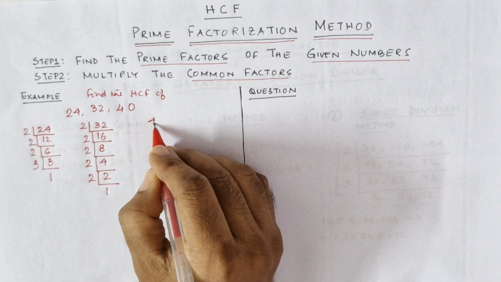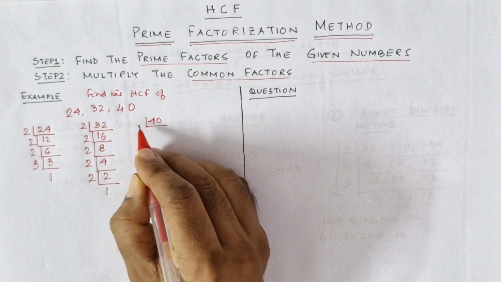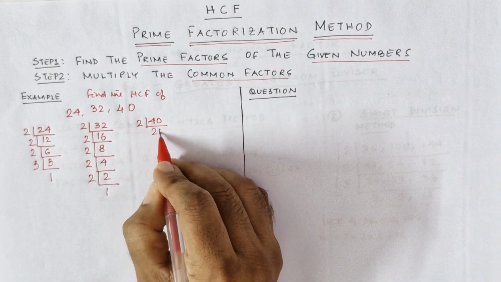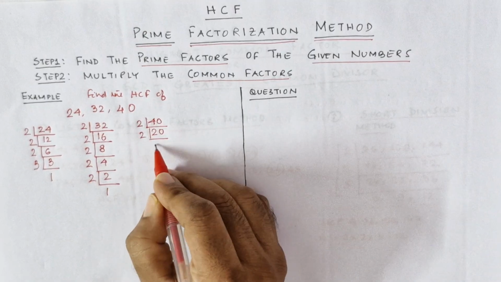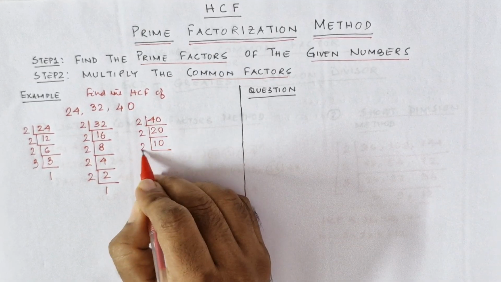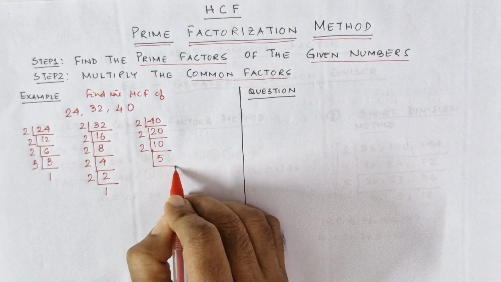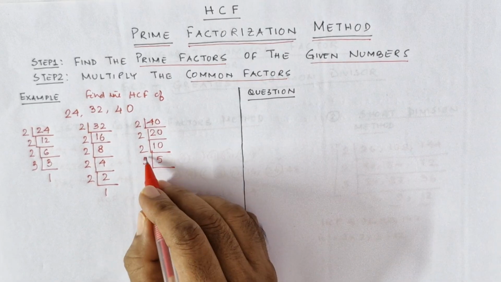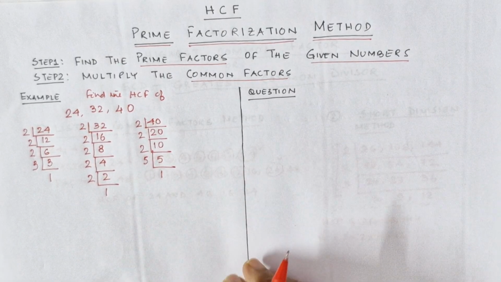So let's do the third one, that is 40. Again divisible by 2, that is 20, divisible by 2, that is 10, divisible by 2, that is 5. So we get it by 5, so 5 ones are 5.